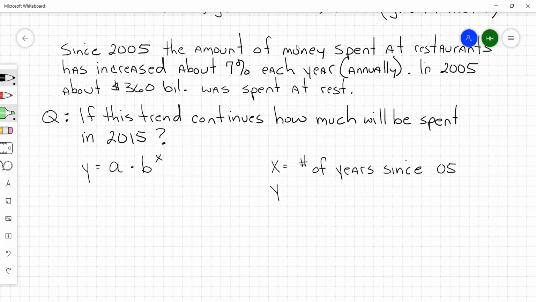Our y is going to represent the money spent in billions. Our a, which we said was our initial amount, the initial amount spent, we're going to use this 360 billion because that's our baseline.